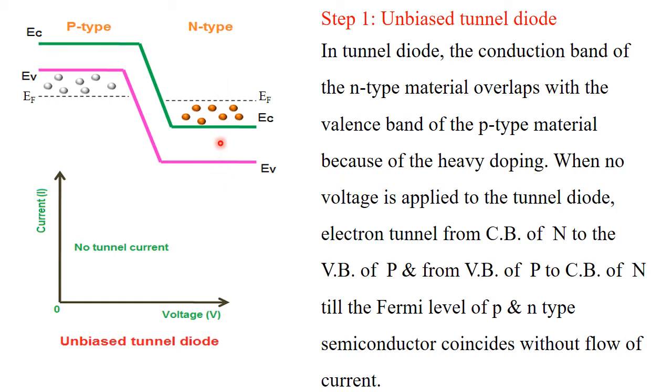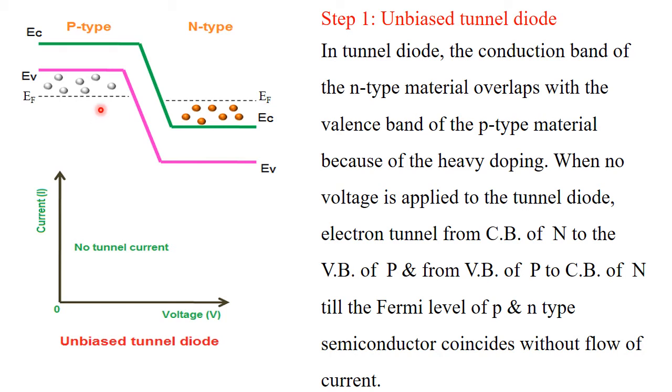They go from N to P, diffusion is taking place, and similarly the energy band structure of the p-type semiconductor starts shifting in the upward direction because the holes are diffusing from p-type to n-type. So that is normal diode working, where the n-type band structure keeps on shifting downward when the junction gets formed, and the p-type keeps on shifting upward.